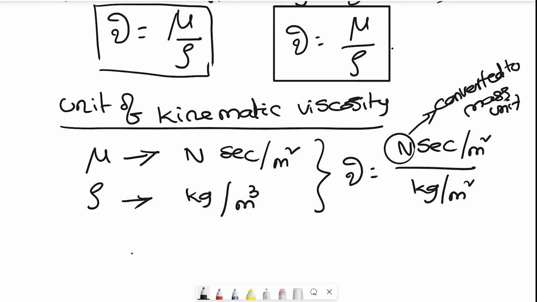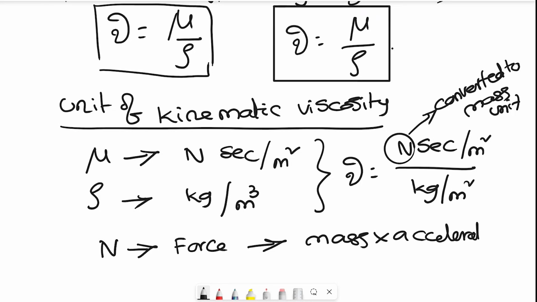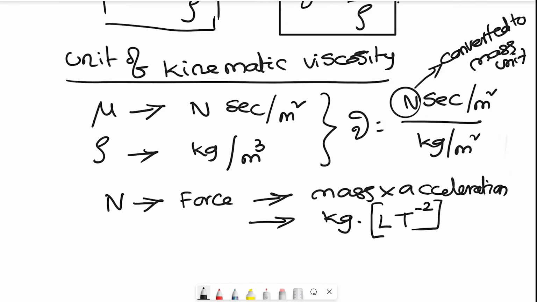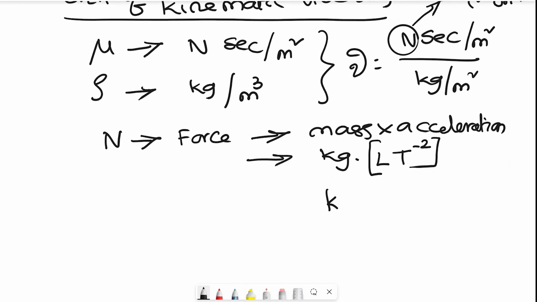So how to do it? Newton represents force, and force is equal to mass into acceleration. The unit of mass is kg. The unit of acceleration is LT minus 2, meters per second square. So kg into meters per second square, you can replace Newtons with this.